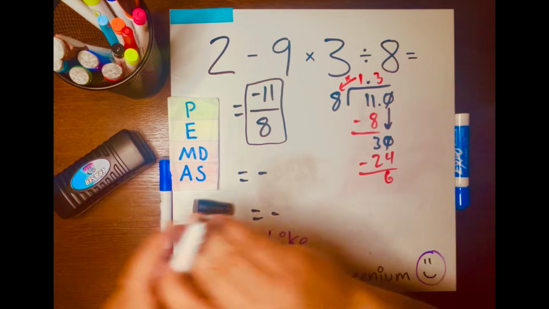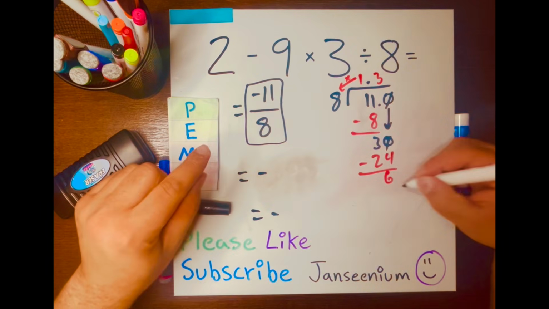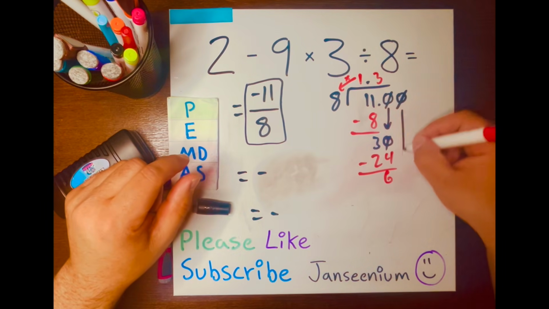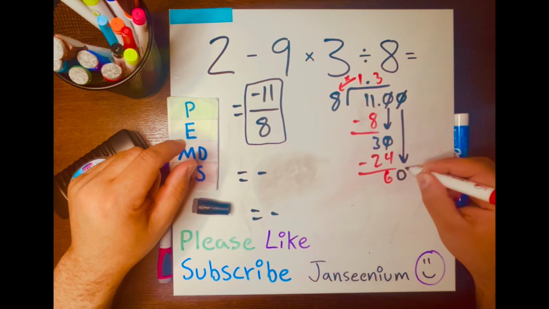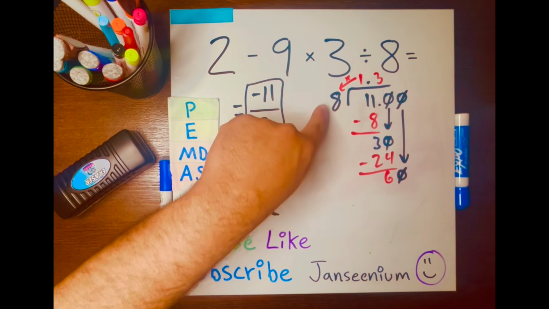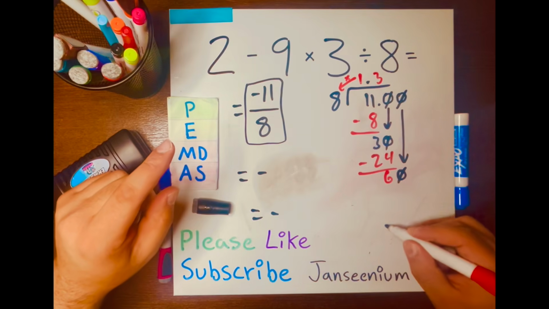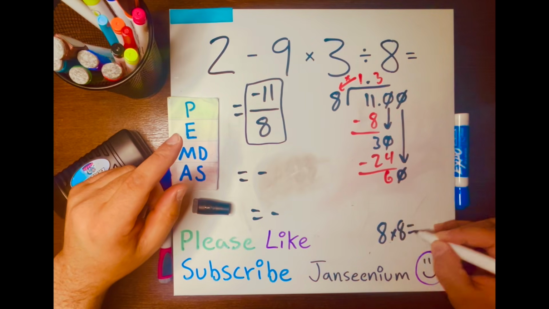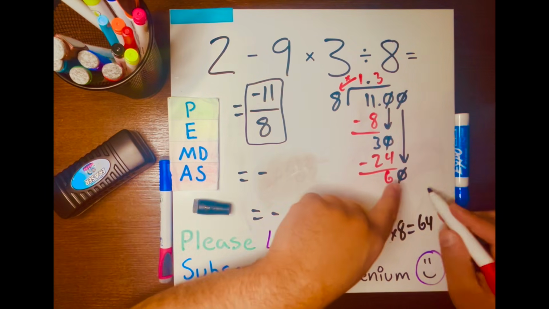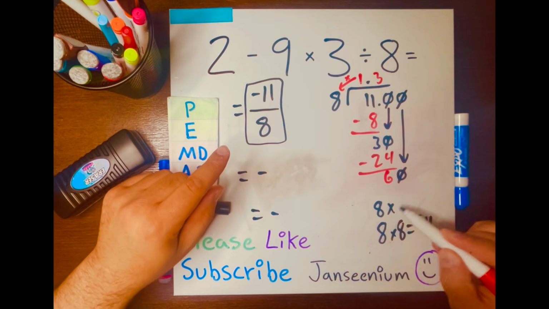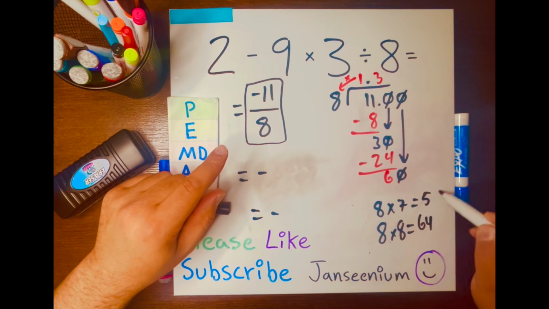And now 8 cannot fit into 6, so the 6 needs to borrow a 0. So I write a 0, bring it down, give it to the 6. Now the 6 becomes 60. How many times can 8 fit into 60? Well, I know that 8 times 8 is 64, so that goes over 60. So it will be 8 times 7, which is 56.